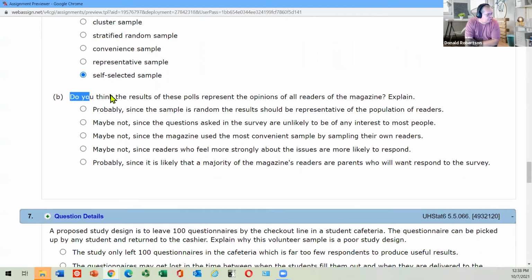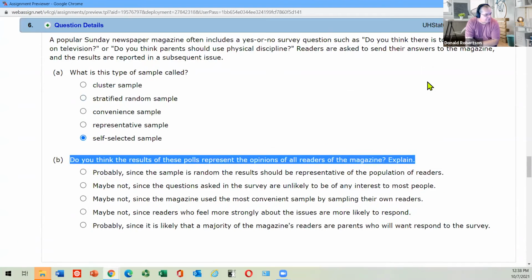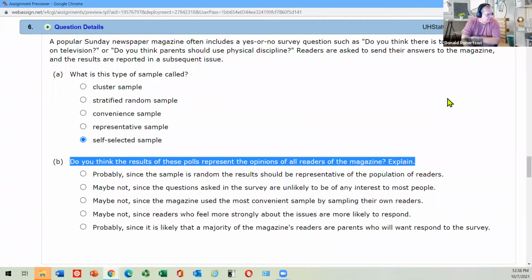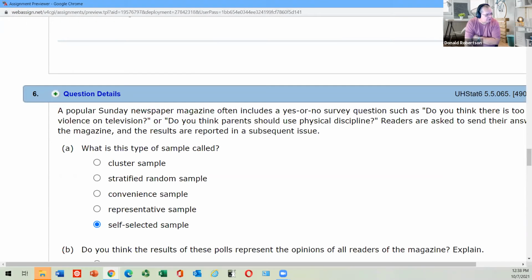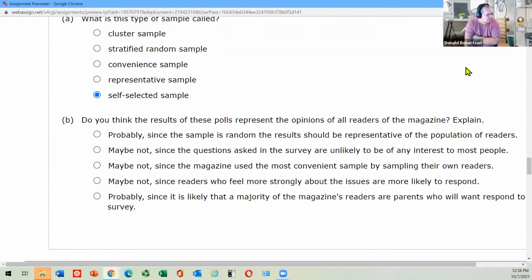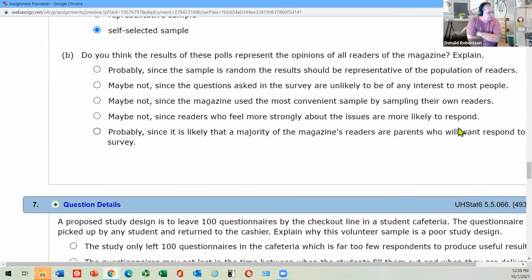And then it says, do you think the results of this poll represent the opinion of all the readers? And there are 5 sentences, and normally I don't do this because it takes too long, but I think this time I will. Is it probably right or maybe not?